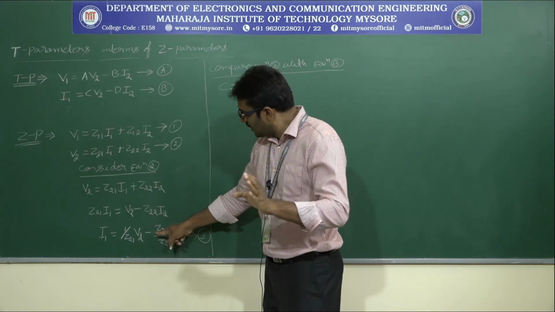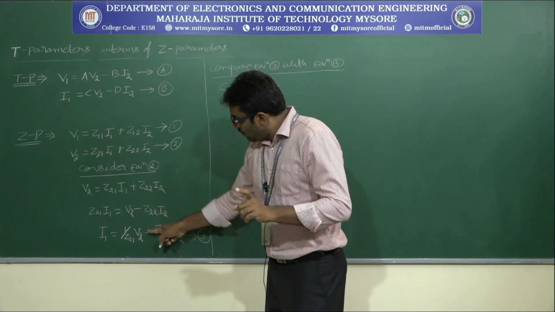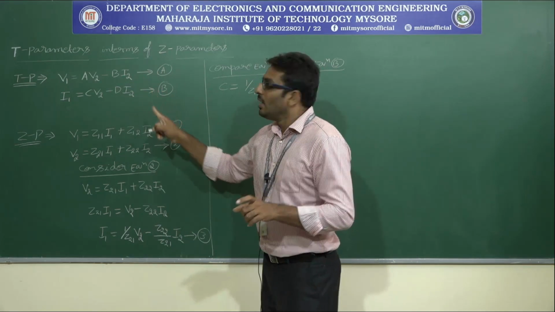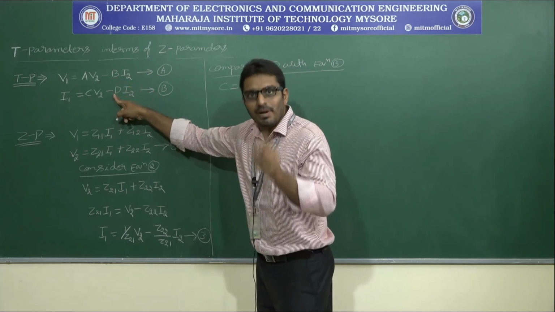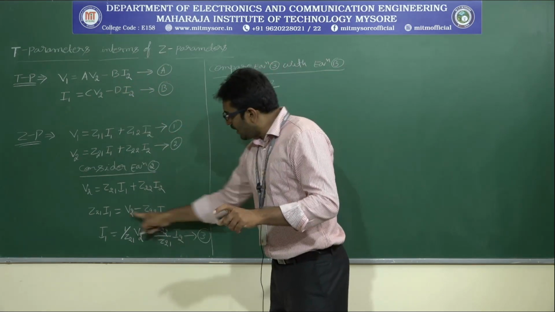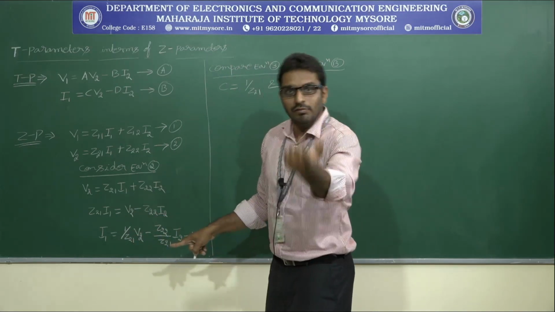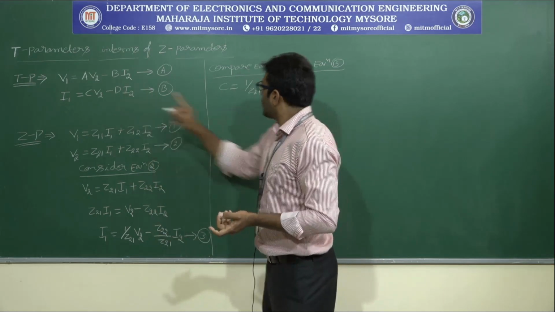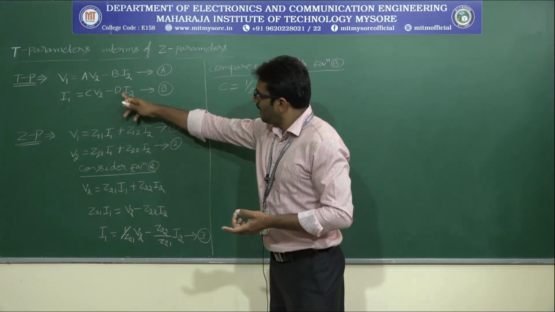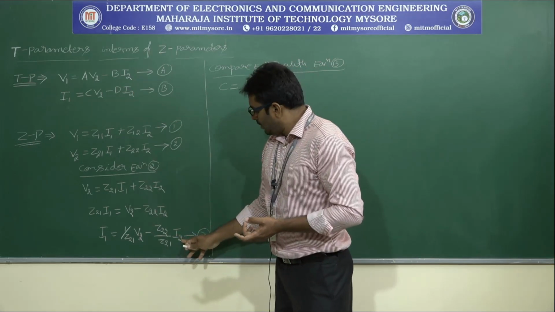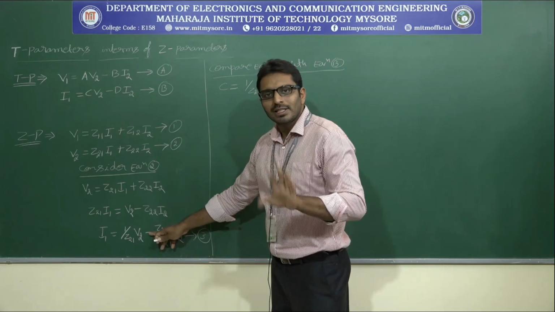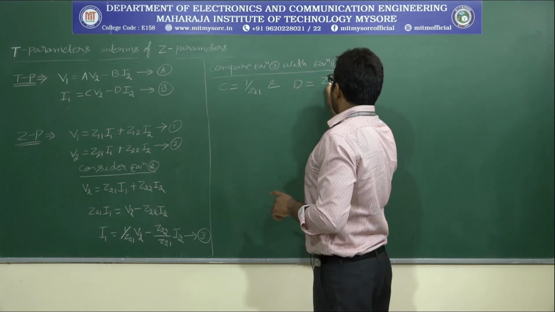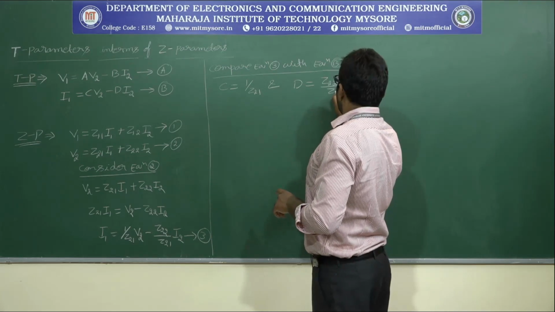If it is a plus, you have to write minus of minus, because we are comparing with these two standard equations, which consist of a minus sign. But no problem, the minus sign is already there. Just compare with the D variable, the coefficient of I2 is D. The I2 coefficient is Z22 by Z21, minus sign is also already there. Therefore, D is equal to Z22 divided by Z21.